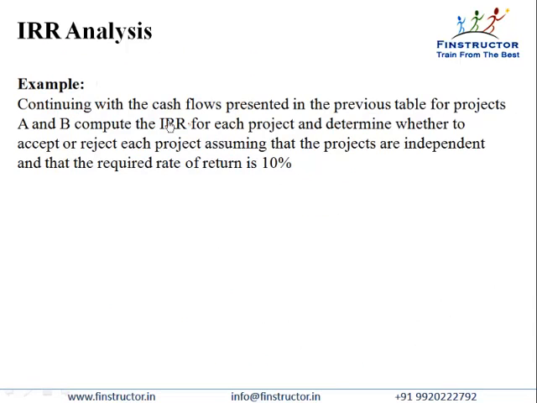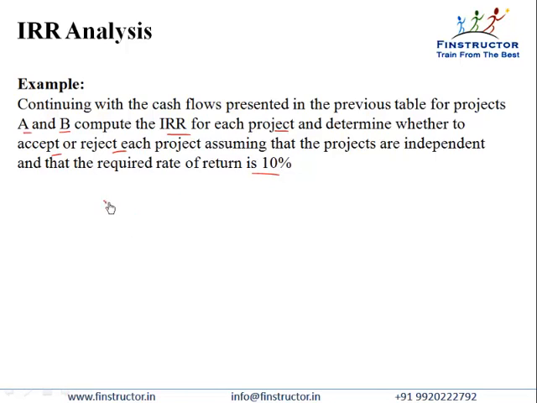So continuing with the cash flows presented in the previous table for projects A and B, compute the IRR for each project and determine whether to accept or reject each project, assuming that the projects are independent and that the required rate of return is 10%.